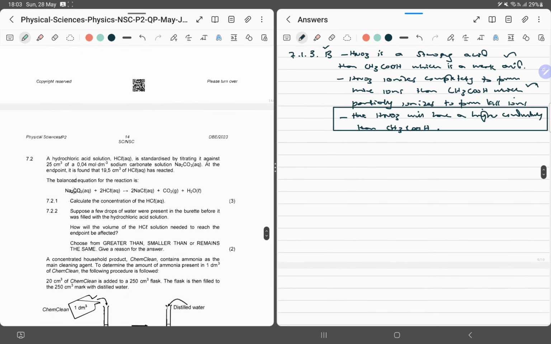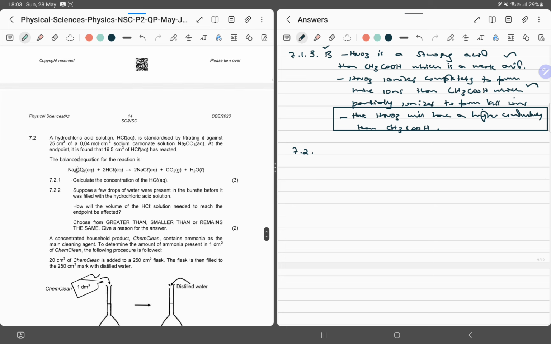We've got now 7.2. Says now a hydrochloric acid solution is standardized by titrating it against a 25 centimeter cubed of a 0.04 mole per decimeter cubed of sodium carbonate solution, which is Na2CO3.